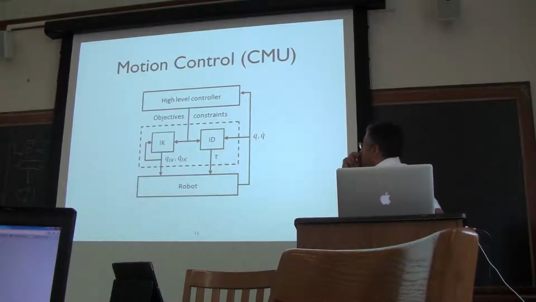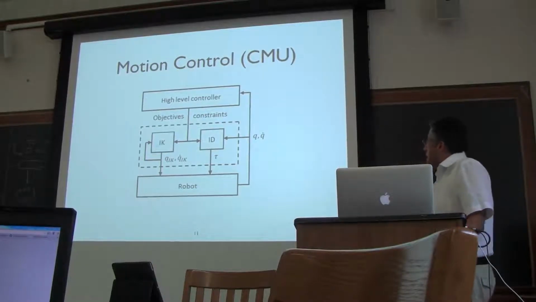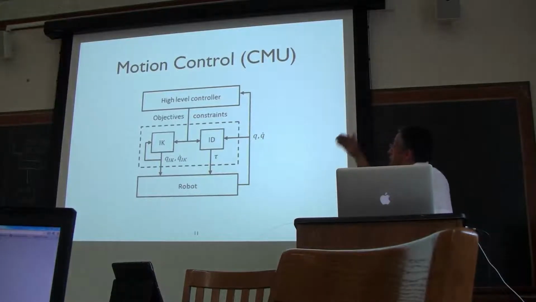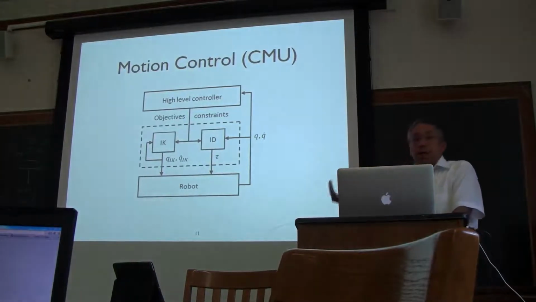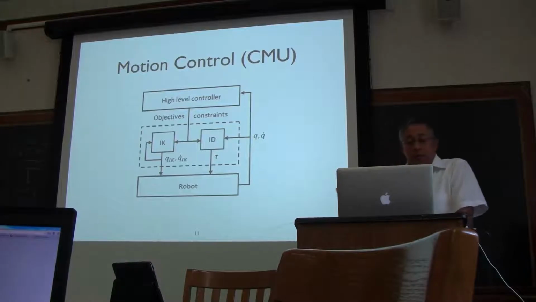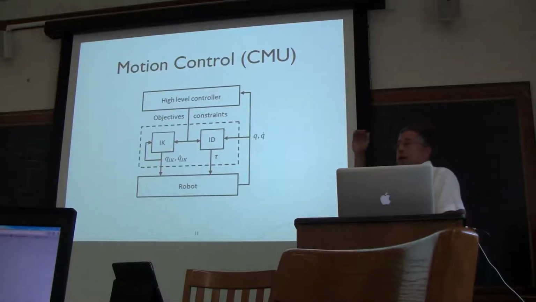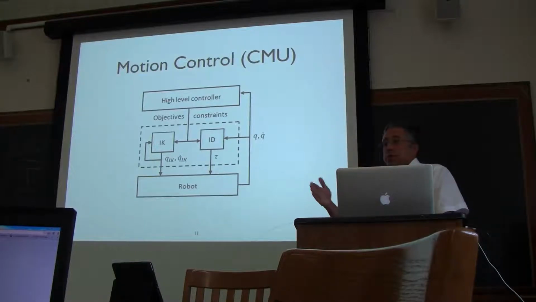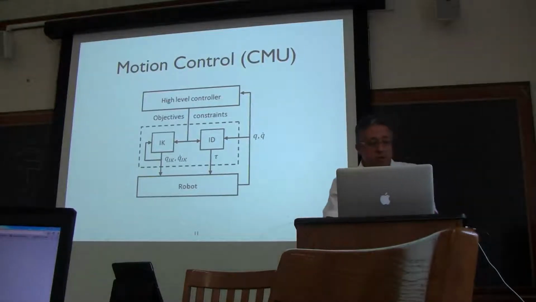So our CMU team started working on full-body motion control. It's basically model-based optimization, model-based optimal control. At the high level, we develop a set of objectives and constraints for the controller.